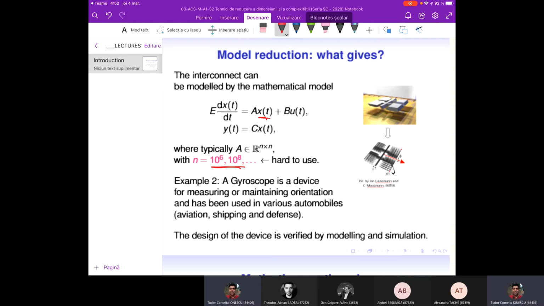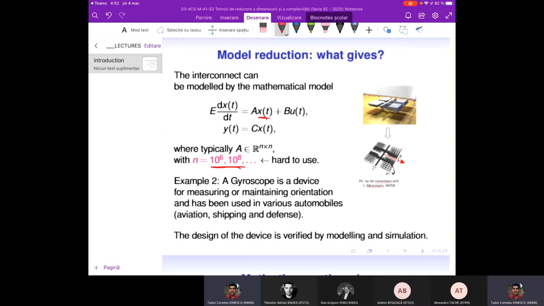This is another example of dimension in the millions, the electrical circuits for electronics, for boards, for instance. These are very hard to use, so you need to approximate them.